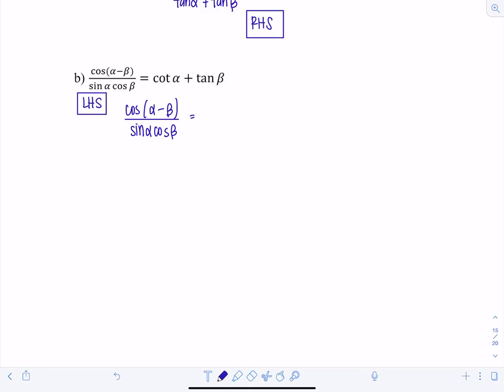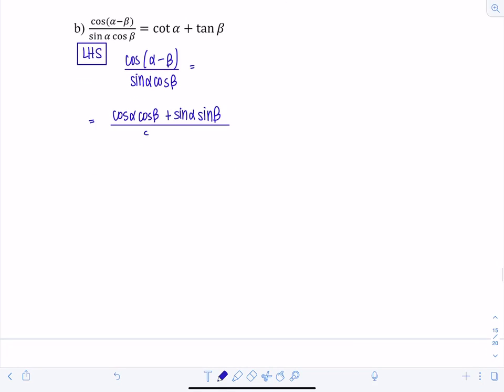So in the numerator, let me work down underneath. Always work vertically, guys. Okay, cosine alpha cosine beta plus sine alpha sine beta over sine alpha cosine beta.